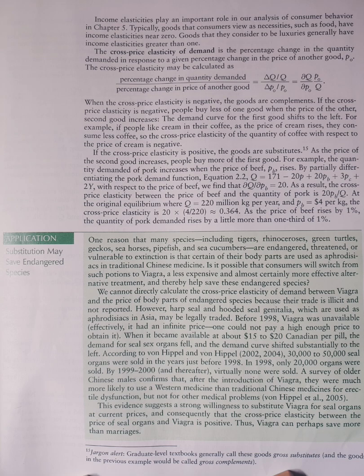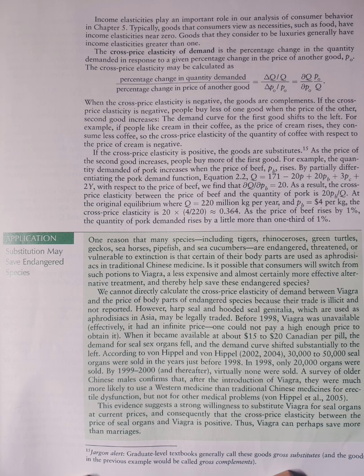When the cross price elasticity is negative, the goods are complements. If the cross price elasticity is negative, people buy less of one good when the price of the second good increases.